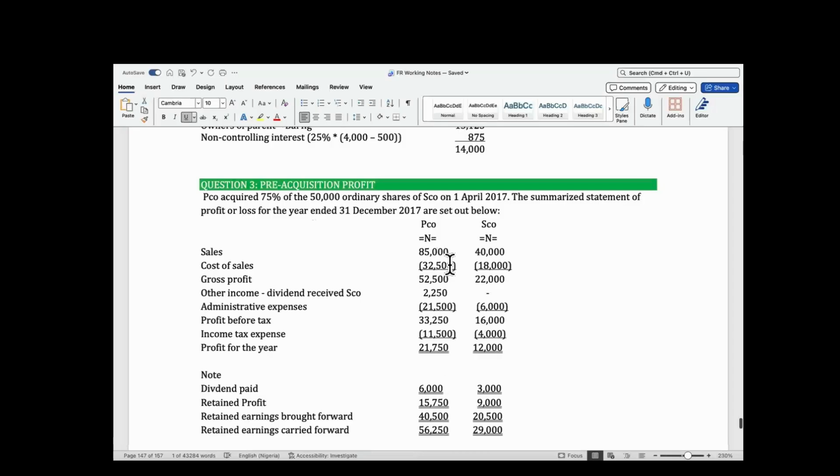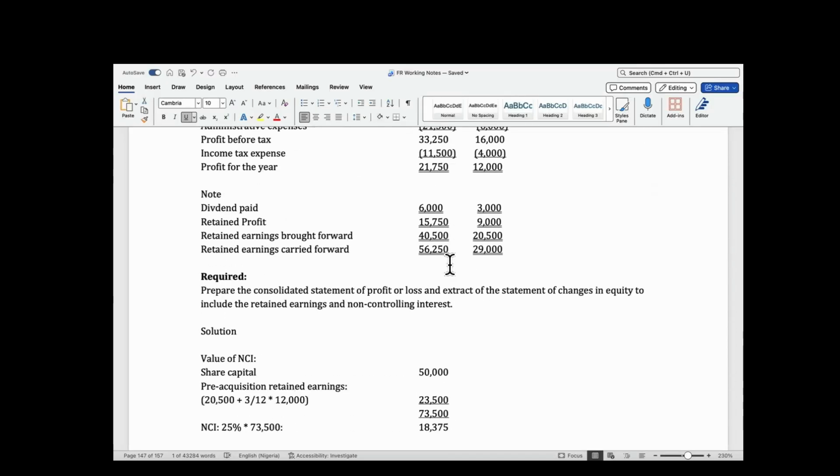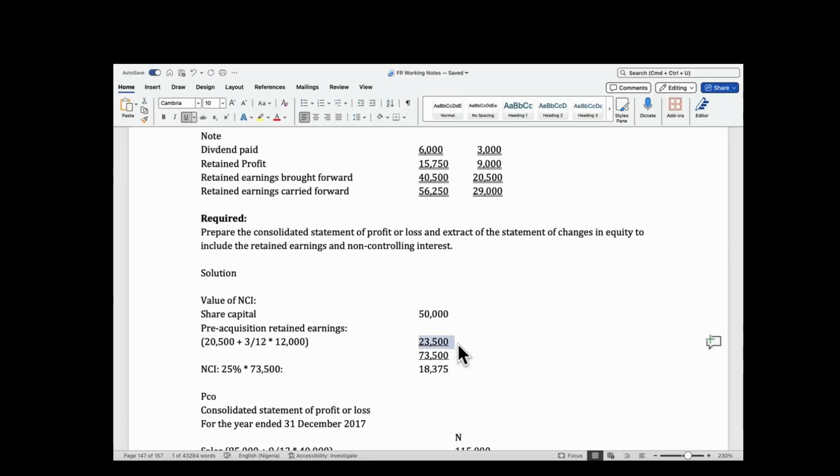Okay, sir, my second question. The pre-acquisition retained earnings that we're taking 25% of for NCI, didn't it arise as at April? Why are we taking it before April? Well, the pre-acquisition retained earnings of 23.5 is as at April.